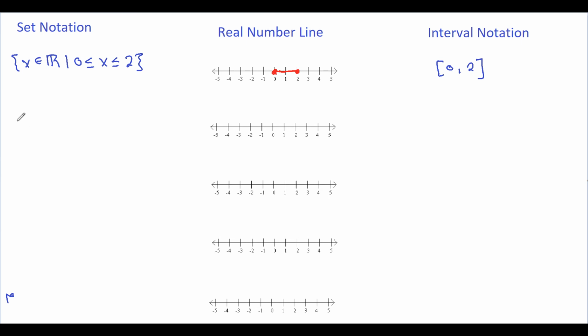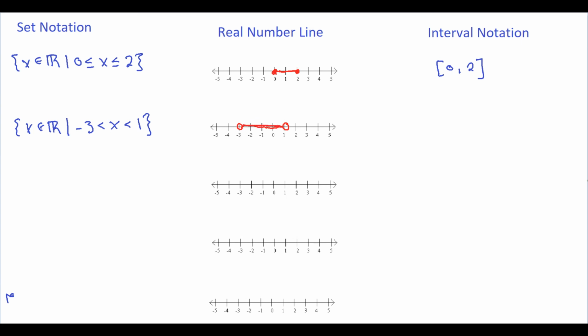Another example, if in set notation I write down the set X in R such that -3 is less than X is less than 1, this set does not include the endpoints -3 and 1, and so what I'm going to do instead is draw an open hole at -3 and 1 and connect those.